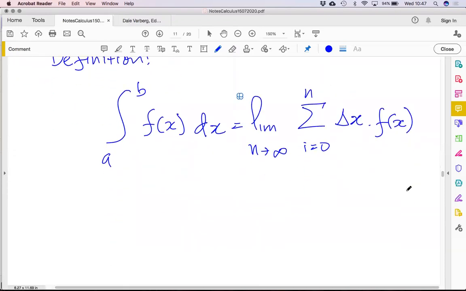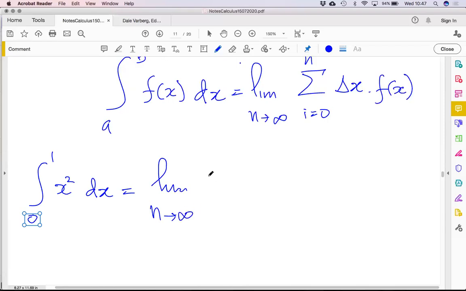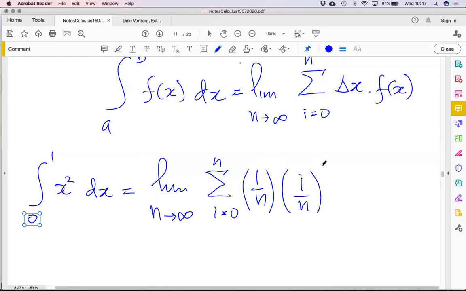definite integral. So our problem previously is the same as this. In our case, from our calculation, that is the integral from 0 until 1 of x squared dx, which is our previous calculation: the limit as n goes to infinity of the sum, i from 0 until n, of 1 over n, this is our delta x, and f(xi) is (i over n) squared.